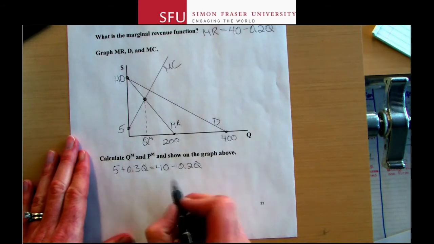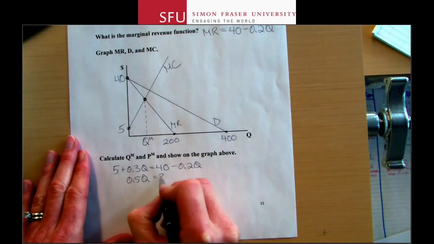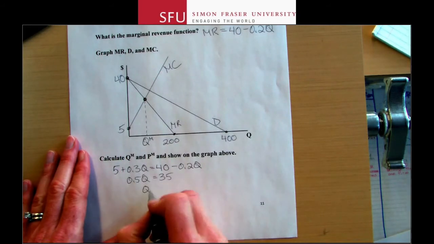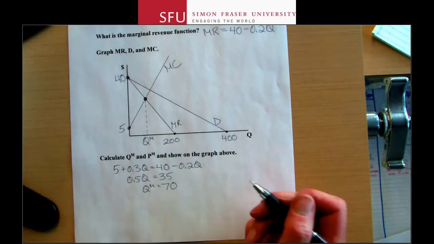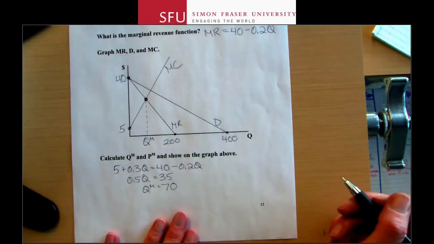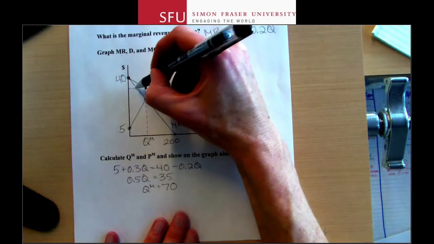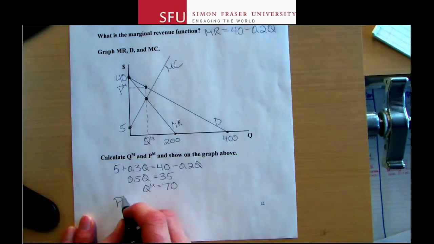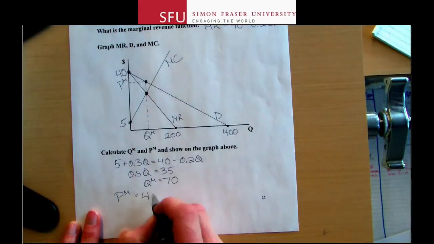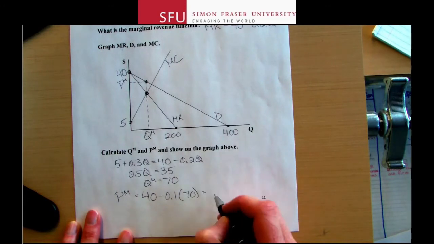It's the MR function. Okay, so that's 70. And then the price. The price that the consumers are willing to pay, PM, we have to use the demand function to calculate that. So 40 minus 0.1 times 70 would be 33. Good.